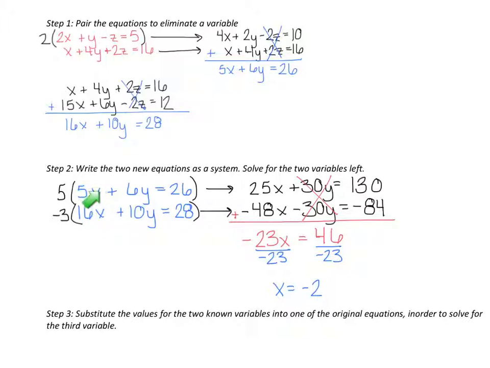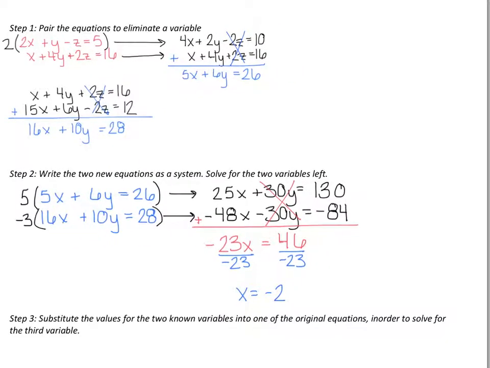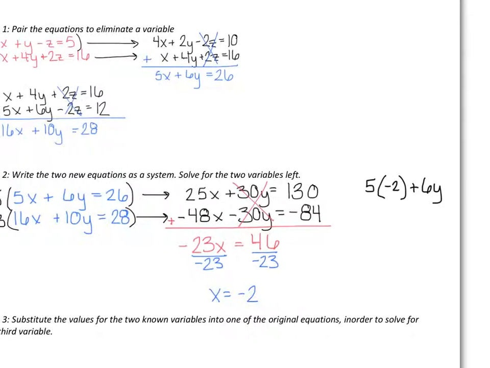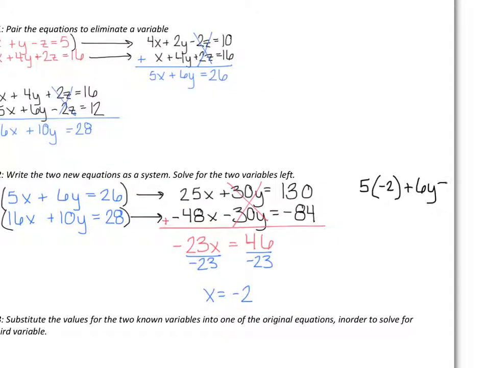Do you want to use the first equation or the second equation? First. So 5 times negative 2 for x plus 6y equals 26. So we've got to add 10.